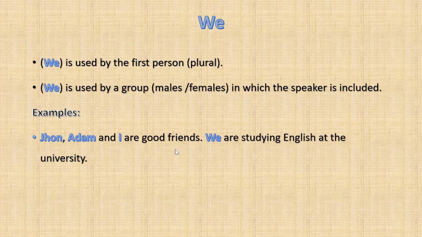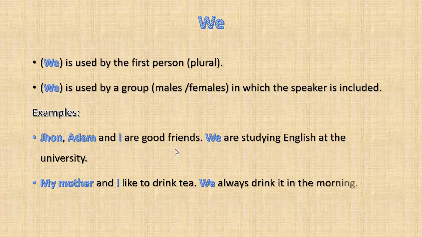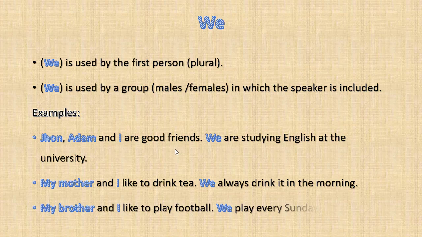We are studying English at the university. My mother and I like to drink tea. We always drink tea in the morning. My brother and I like to play football. We play every Sunday evening.